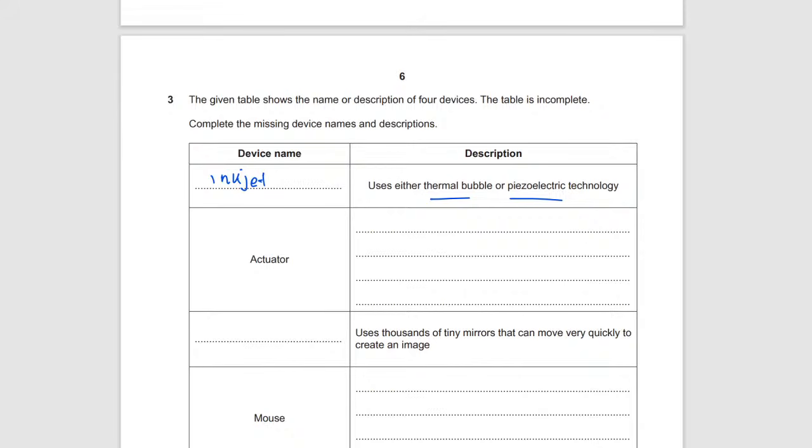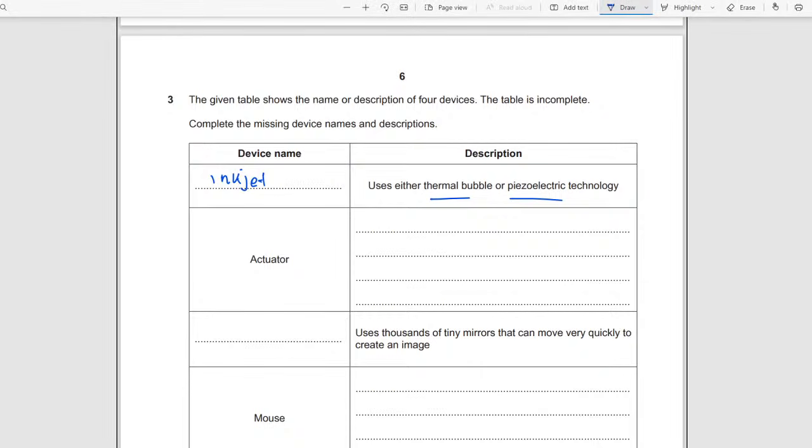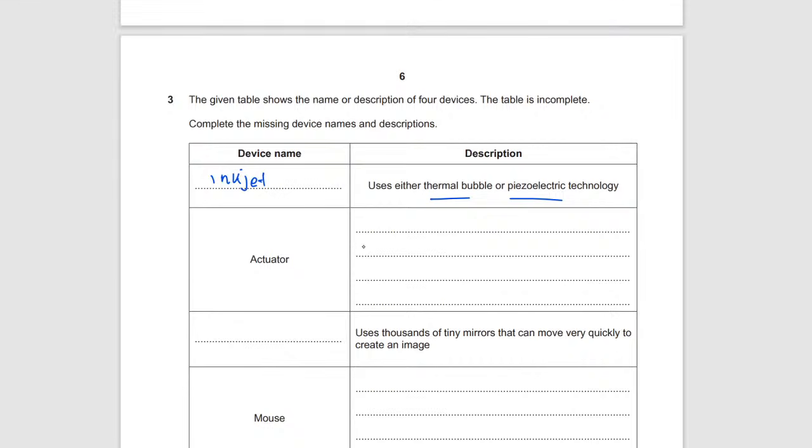And then actuator. What's an actuator? An actuator is simply operated by signals to cause a physical movement. So that is the work of the actuator. It's as simple as that, basically.